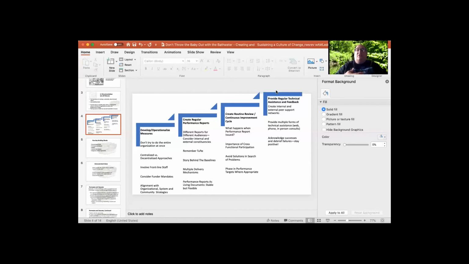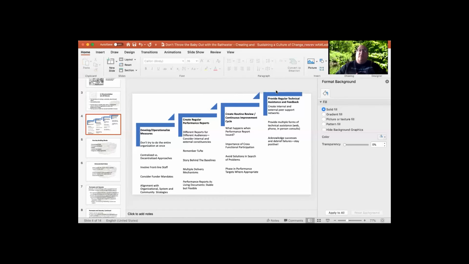This whole process should be supported with regular technical assistance and feedback. So that means, as you go along creating this process within the organization, probably multiple times for different programs and different departments, you start to create sort of an internal user network. And it's important that you start to identify people that can be helpful to others who are just starting the process, kind of peer support.